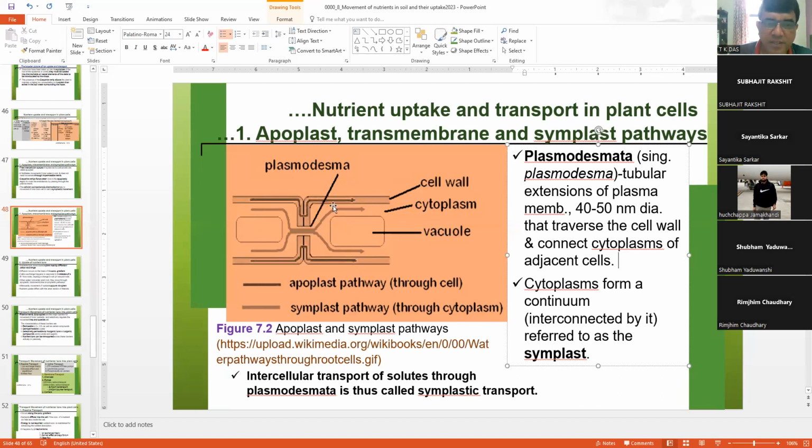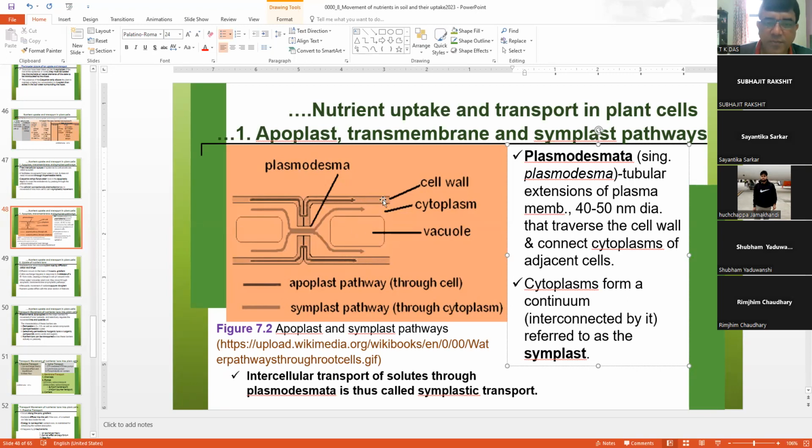In the picture, you can see these are plasmodesma or plasmodesmata, these pores and cytoplasm. This is one cell, this is another cell. In one cell, you can see apoplastic movement. Apoplastic movement is here. It goes like this. And symplastic movement is from cell to cell. This could be the vacuole.